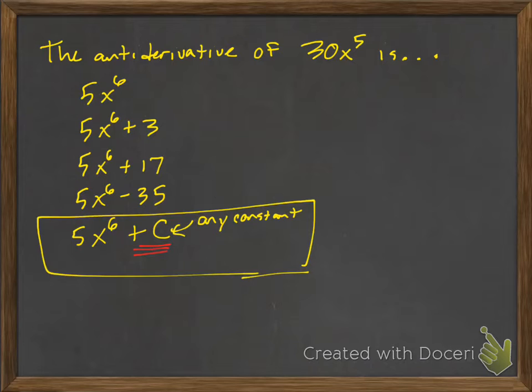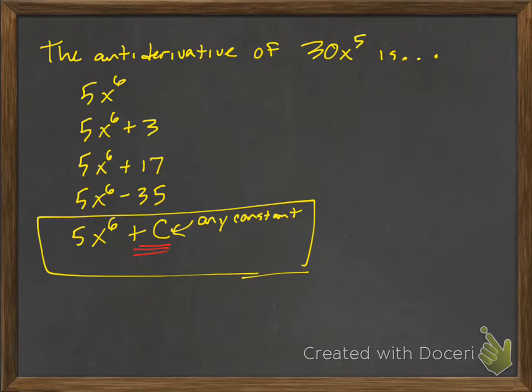We can just say, hey, 5x to the sixth plus c is the antiderivative of 30x to the fifth for any constant that you would put in there. We have this plus c because the derivative of 5x to the sixth plus any constant is 30x to the fifth. Therefore, the antiderivative of 30x to the fifth could be any 5x to the sixth plus c under the sun, whatever c happens to be.